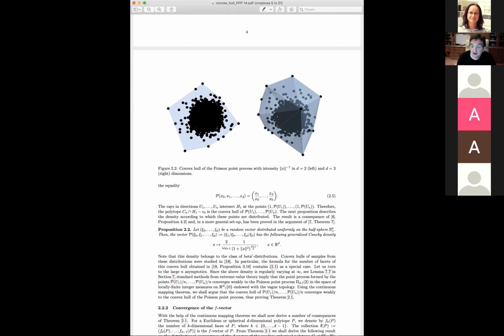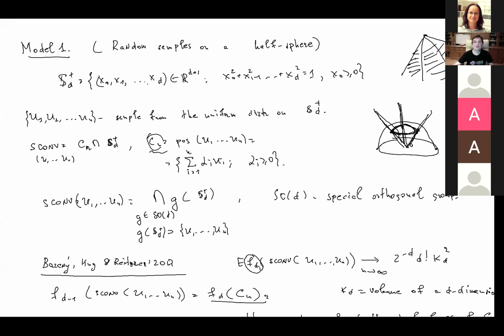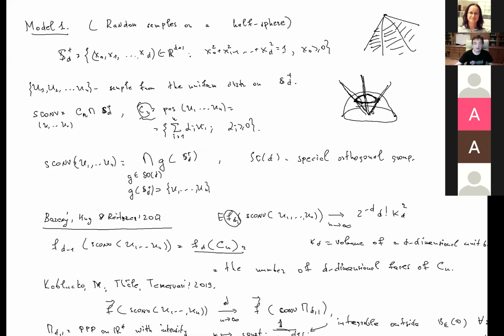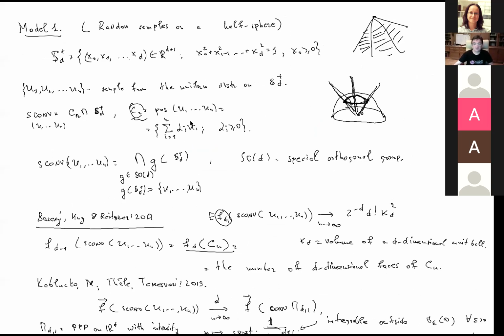Okay, so now let's go back to the whiteboard. As I explained, this is a polytope, the convex hull of this Poisson point process.